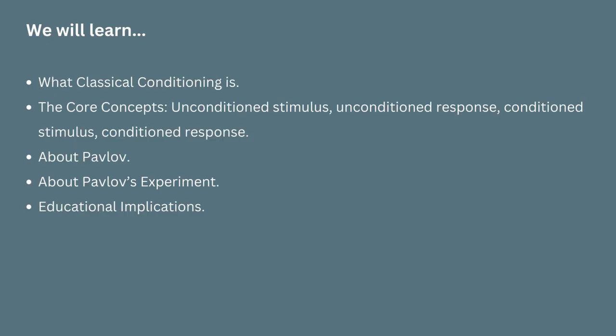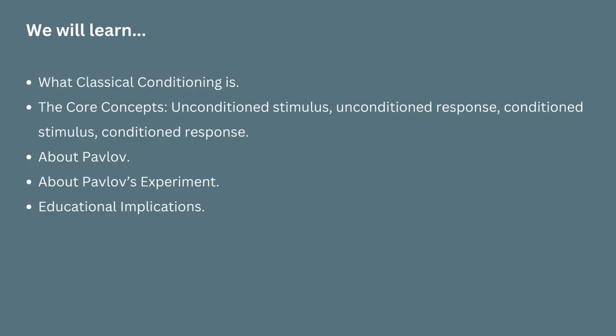After that, we'll take a look at Ivan Pavlov, who he was, his background, and his contribution to psychology. We will then discuss Pavlov's famous experiment and what he discovered. Finally, we will explore the educational implications of classical conditioning and how it can be applied in teaching and learning.